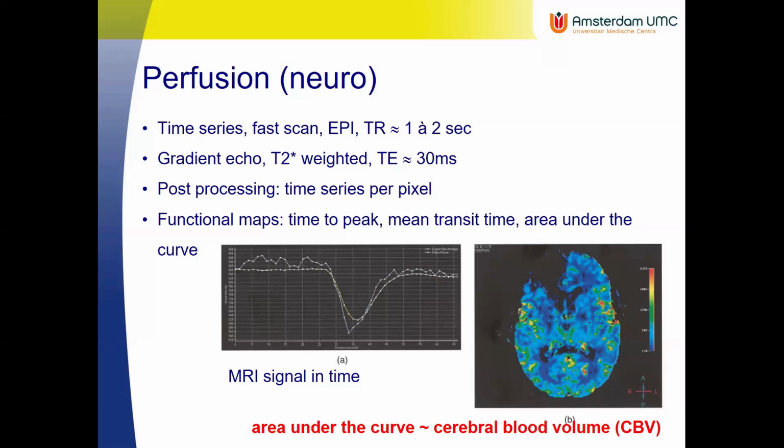So the contrast agent lowers the T1 of the tissue around it, of the water around it. It shortens the T2, and it also shortens T2 star. And the T2 star reduction is rather strong because it has a sort of double interaction, also disturbing the local magnetic field.